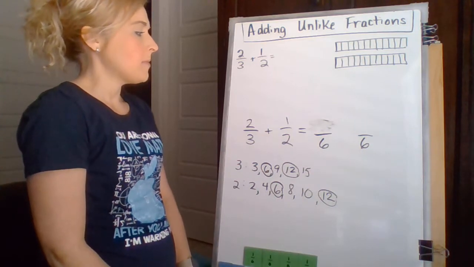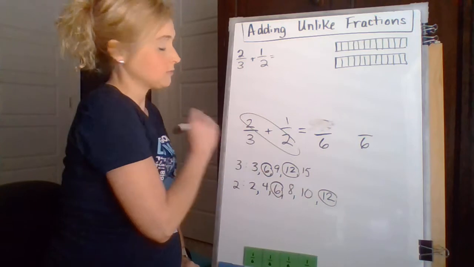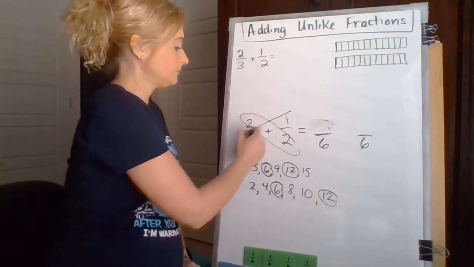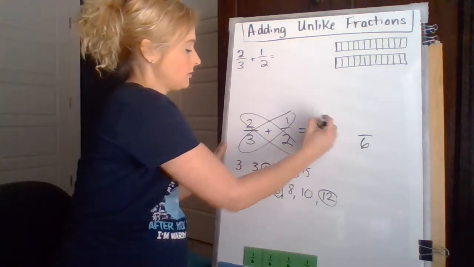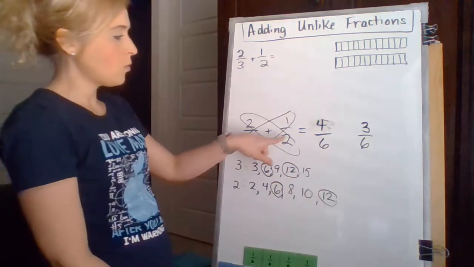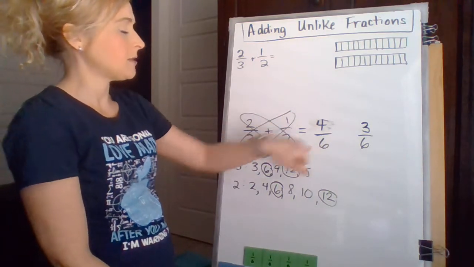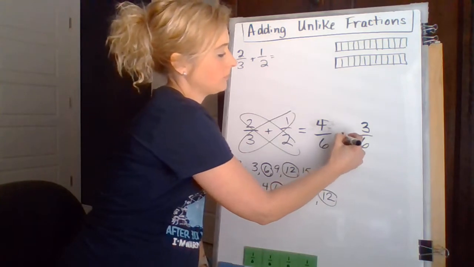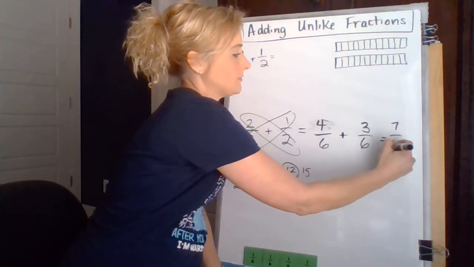So, using the butterfly method, what we say is we cross multiply. 2 times 2 is 4. 3 times 1 is 3. So 1/2 is the same as 3/6, that's true. And 2/3 is the same as 4/6, and that's true. And we can add those together, and we end up getting 7/6.